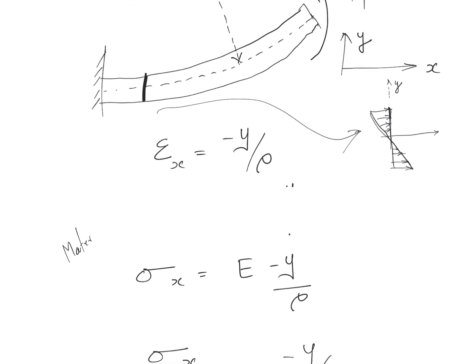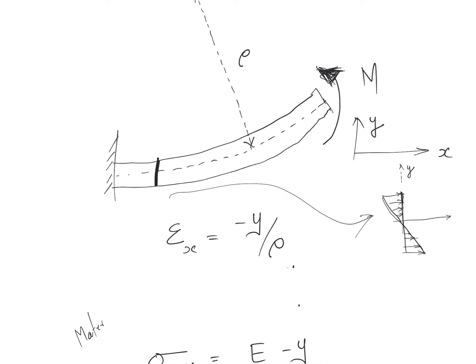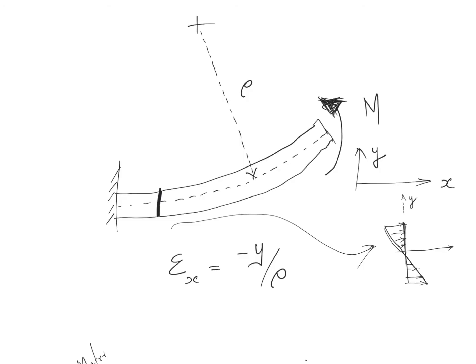So rho is the radius of curvature. I should have explained it a little bit earlier, but don't worry, I will explain it fully. So this is the radius of curvature that I'm talking about. If we take a particular section, it is part of a circle.